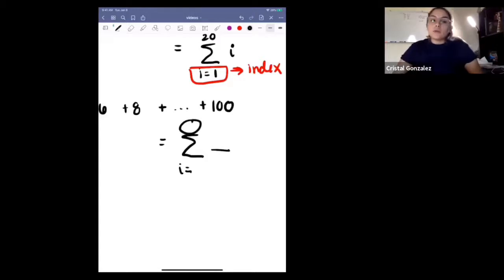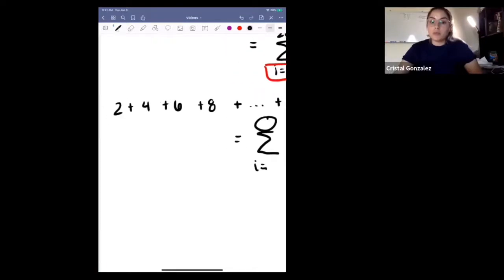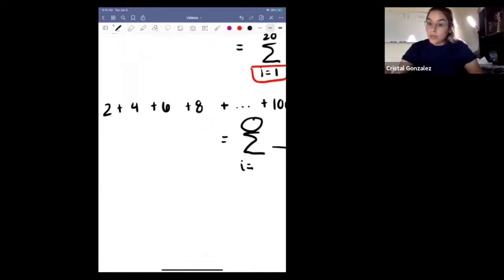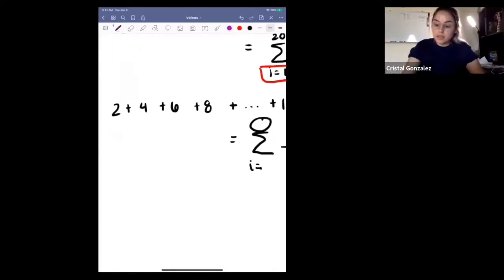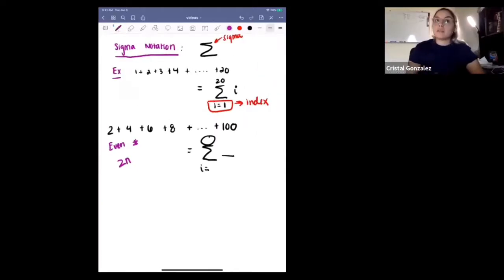Now here we're going through all our even numbers. So we're going to go from 2 to 4 to 6 to 8. We need to figure out how to start from there. Let's think about another way to write an even number. We can write it as, let's say, 2 times n for now. It's not going to be n for this, but if you multiply any number times 2, that's going to give you an even number.